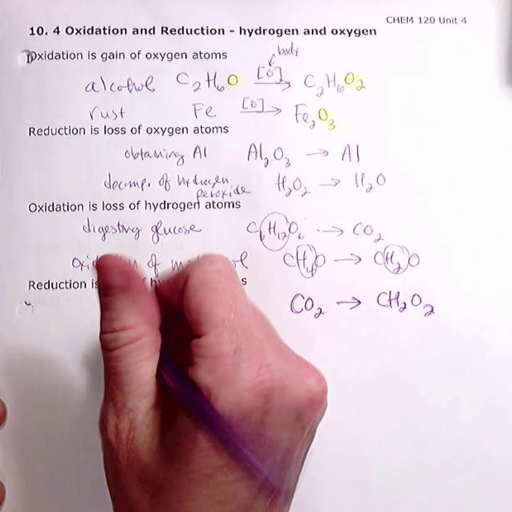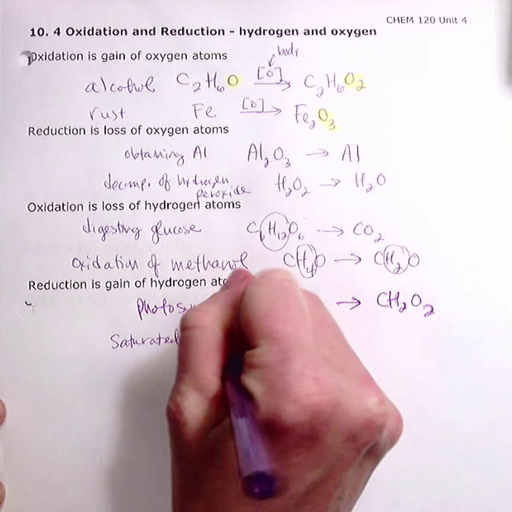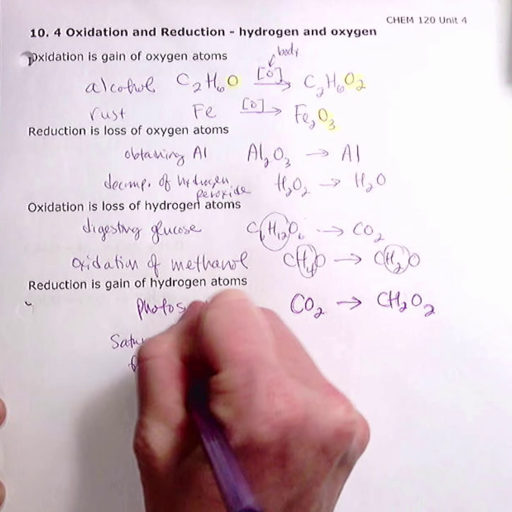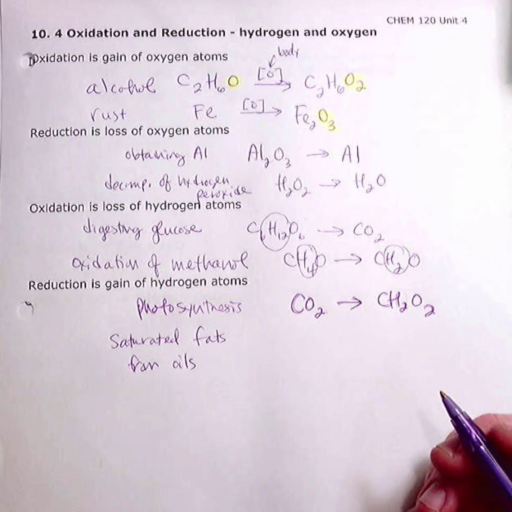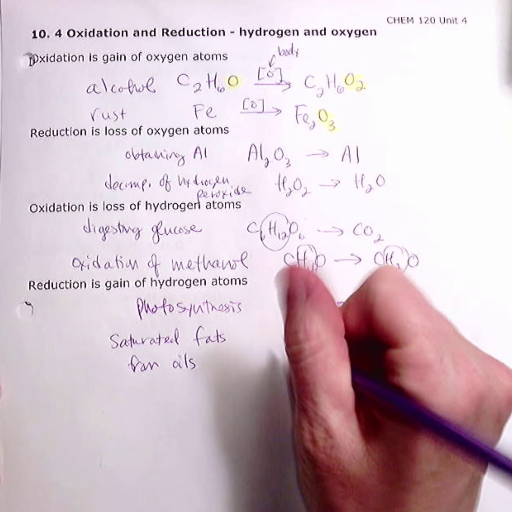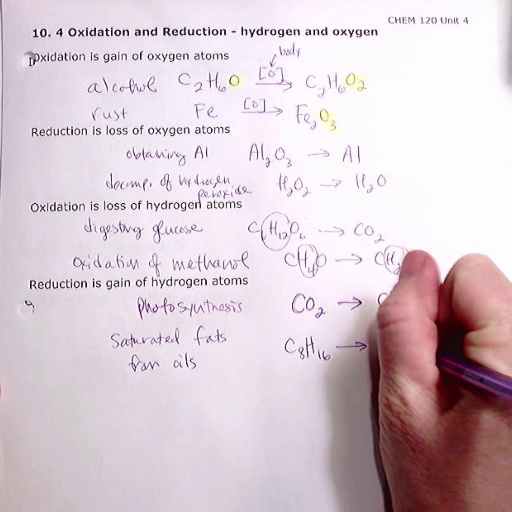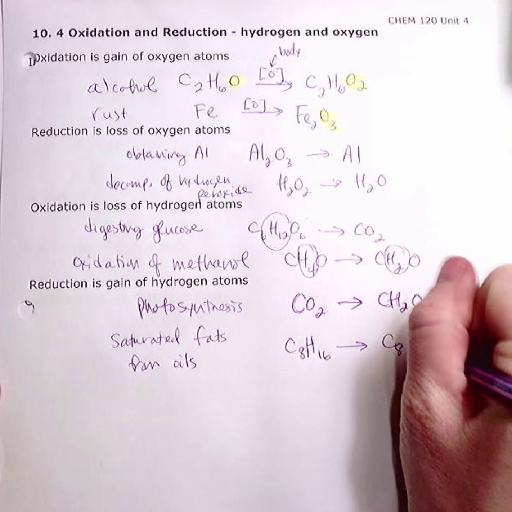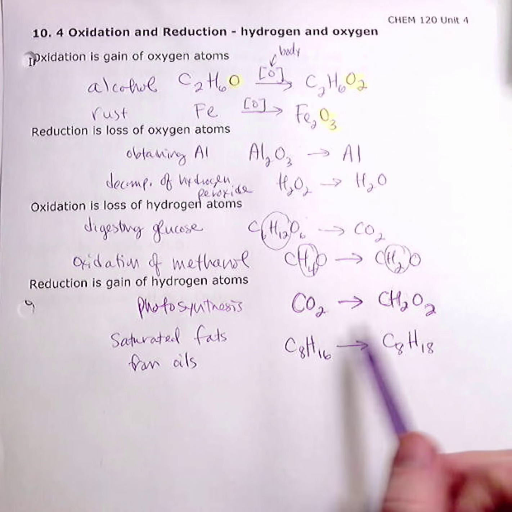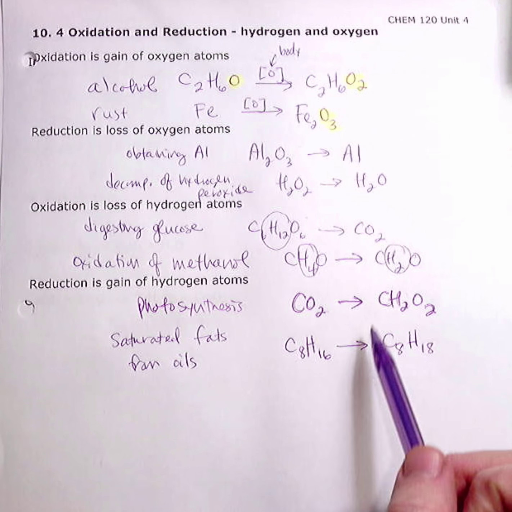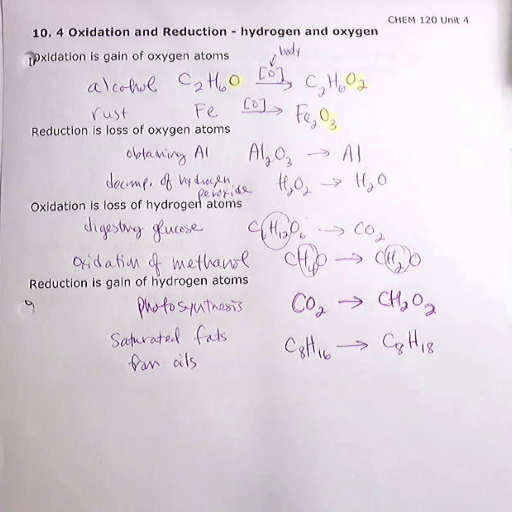And then saturated fats from oils. This is what leads to those dreaded trans fats that we all have been hearing about lately. So C8H16 to C8H18. So that's reduction because you have gained hydrogen atoms.